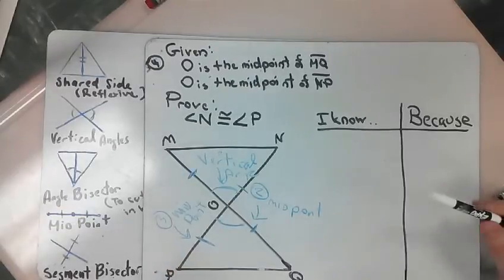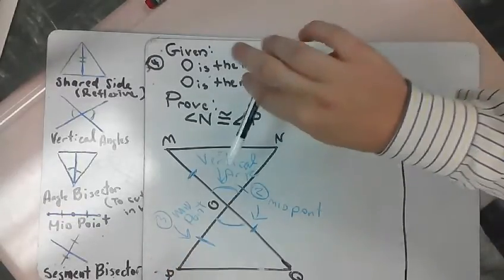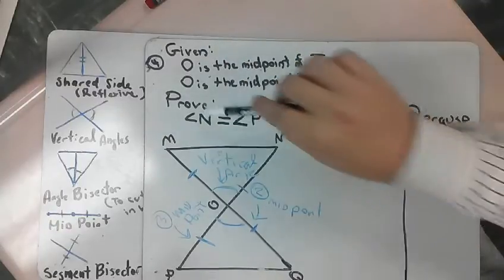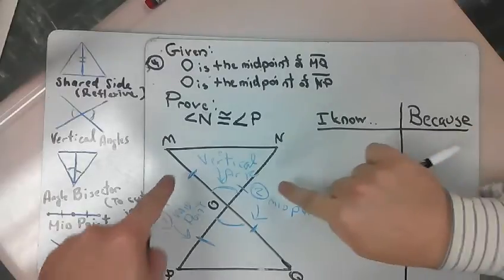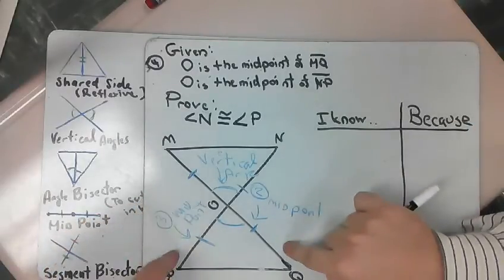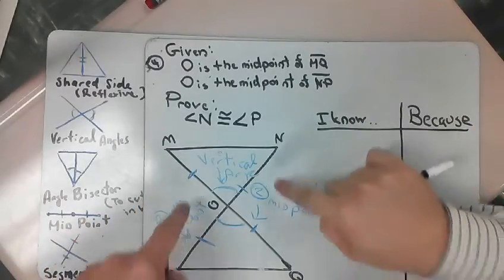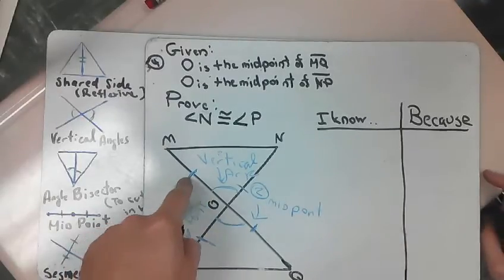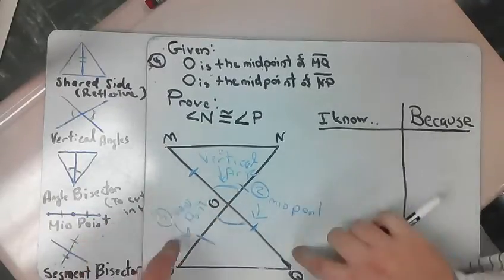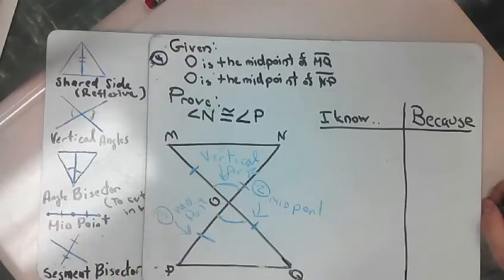Now here's where things get a little tricky. I do not have evidence yet that angle N and angle P are congruent. But what I do have evidence of is that this triangle is congruent to that. This triangle is congruent to this one by side, angle, side.